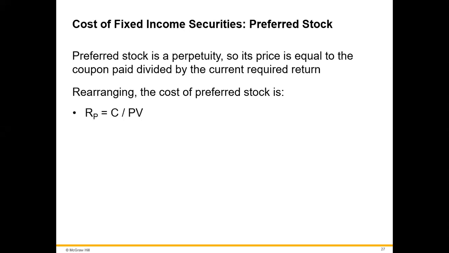Preferred stock also has a cost. So remember, preferred stock is a perpetuity. So its price is equal to the amount of dividends at the current required return. So we could rearrange that formula we once had to get the required rate of return or cost of capital for preferred stock by taking the amount of the dividend in a year divided by the price today.